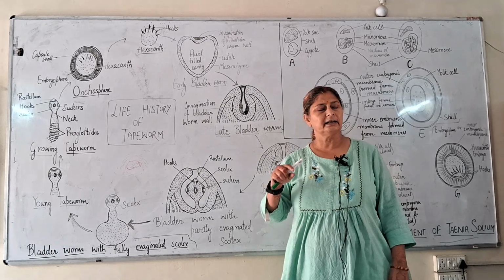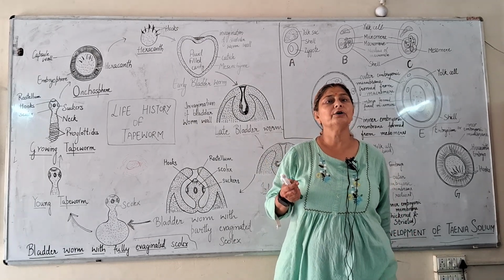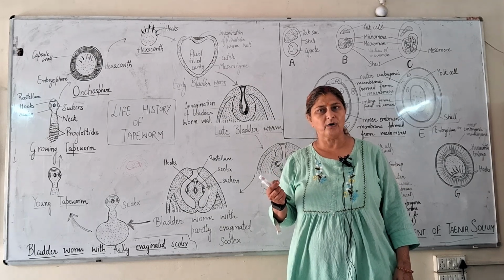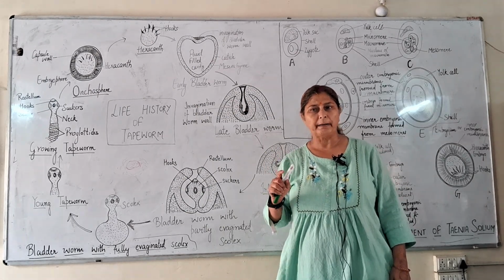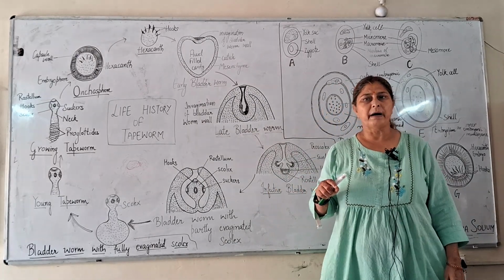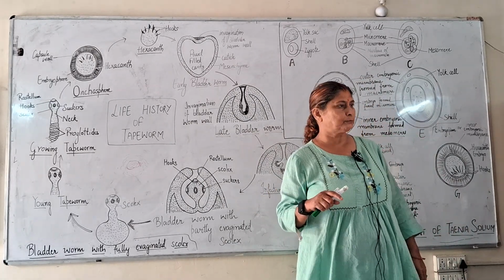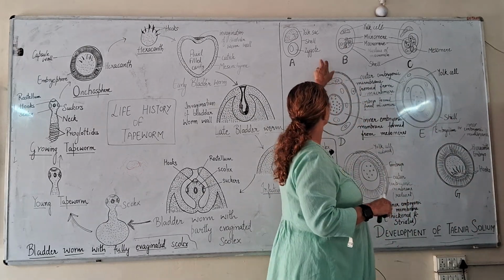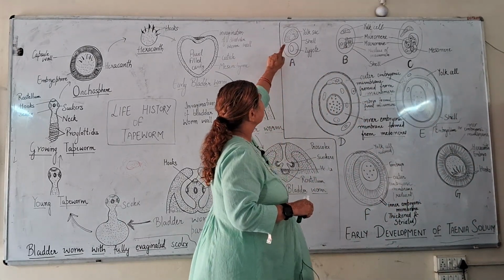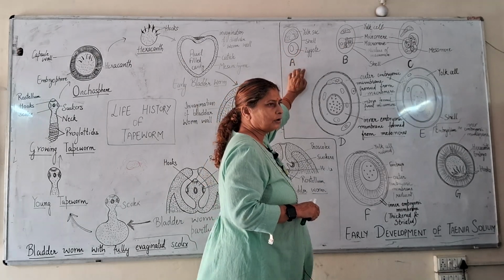After that, it enters the uterus, where a hard membrane forms, and it becomes a capsule-like structure. Now see the development: zygote, shell and yolk.